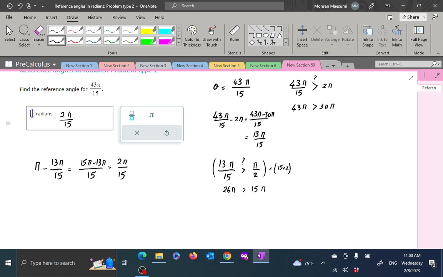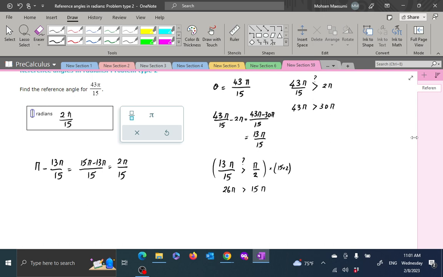So what did we do in short? This is a large angle. I subtract 2 pi from it until it comes to the first circle. When I subtract, I get 13 pi over 15. This is slightly short of pi, because 13 over 15 is close to 1.